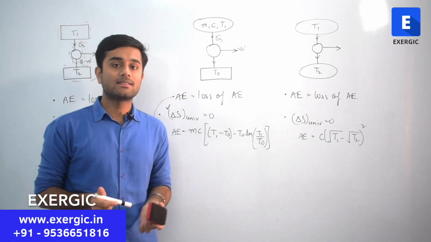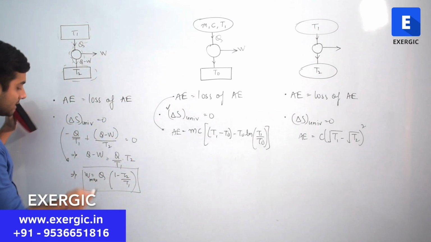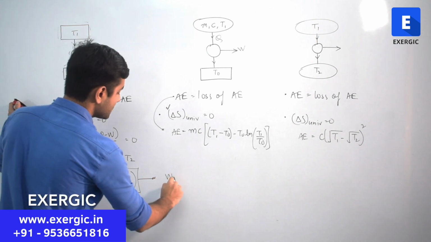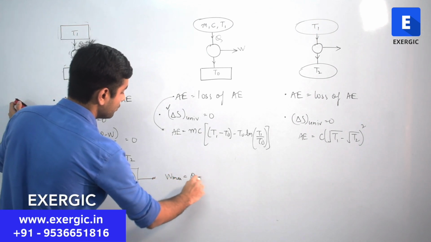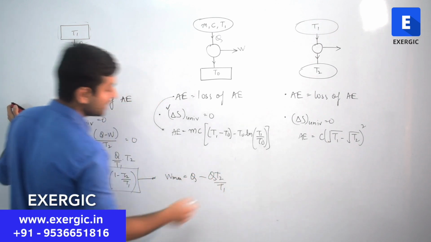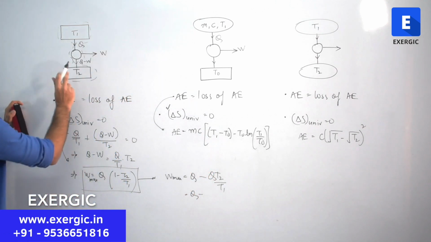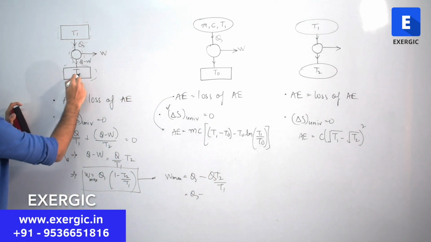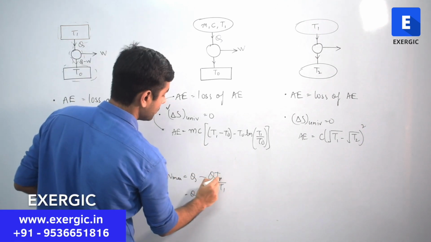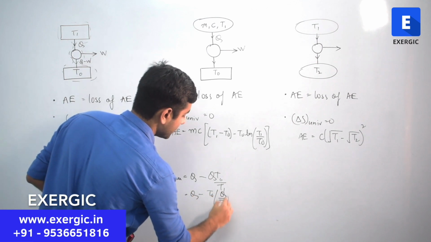In some places you will also find another approach, which is not actually another approach, it's a modification of this one only. You can write W max as Q minus Q T2 by T1, right? And let's say this is T naught, heat transfer between T1 and T naught, so this T2 is going to be T naught. So T naught multiplied by Q by T1.